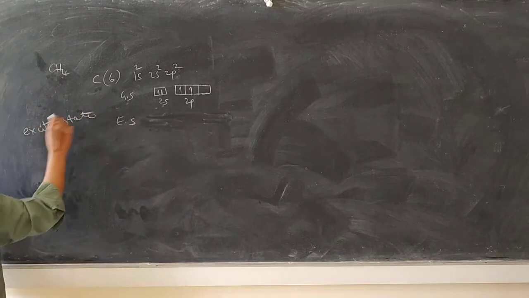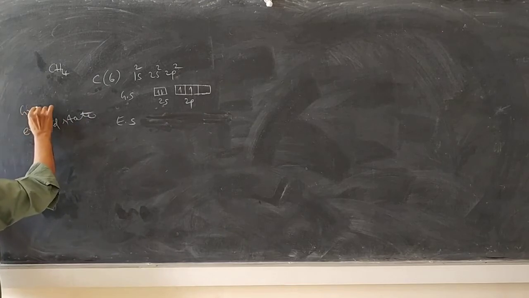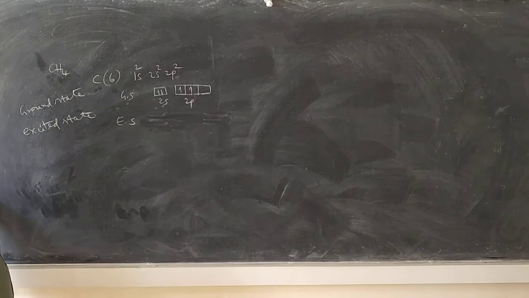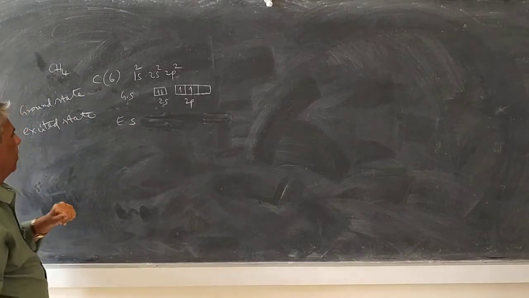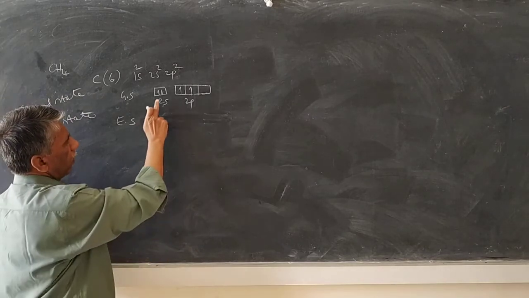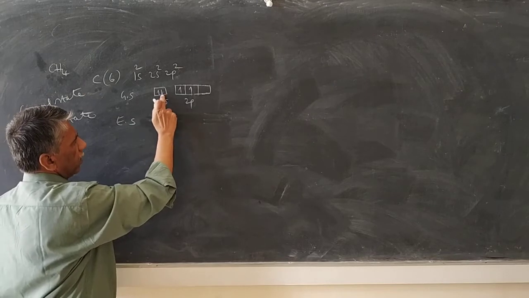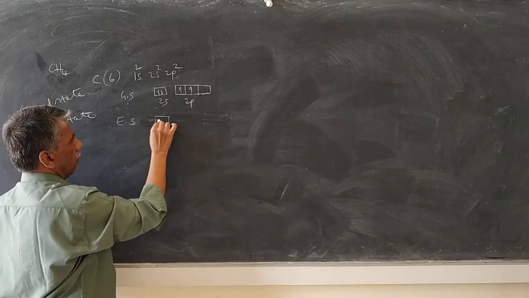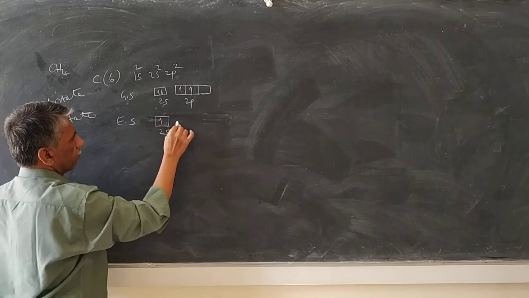Excited state configuration. This is called ground state configuration. So, in excited state configuration, one of the electrons from 2s is sent to 2p. This is 2s.